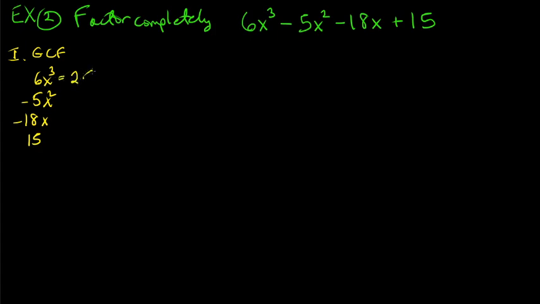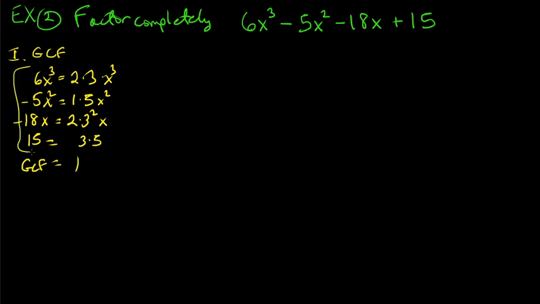6 is 2 times 3. 5 is just 1 times 5. And 18 is 2 times 9, and 9 is 3 squared. And then 15 is just 3 times 5. So the GCF is 1.